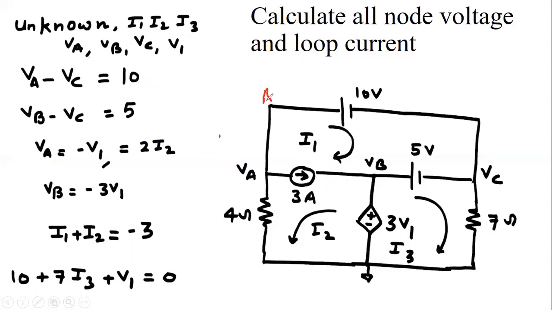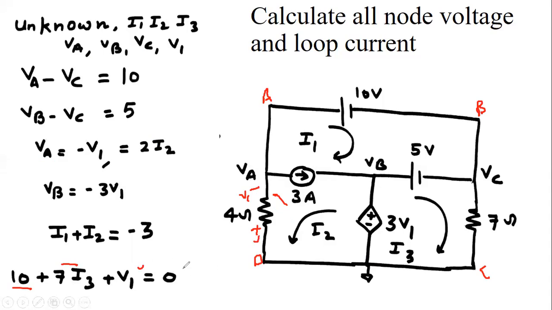So this point is suppose A, this point is B, this point is C, and this point is suppose D, and V1 is the voltage across this element. So this is the negative sign and that is the positive sign, and the value of voltage is V1. Now starting from point A, plus sign, so that is 10 plus 10 current, then resistance 7 with current I3, so this is plus 7 I3, and now we are getting the positive sign, so plus V1 equal to 0.